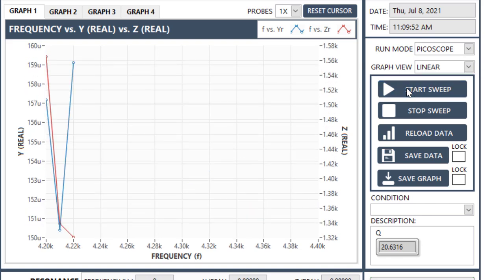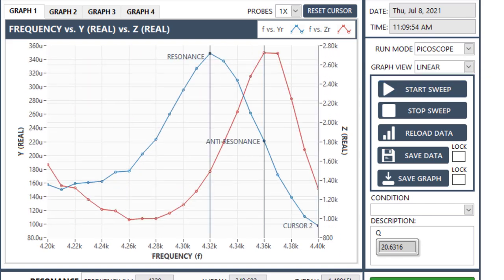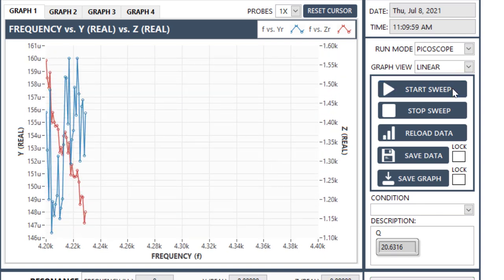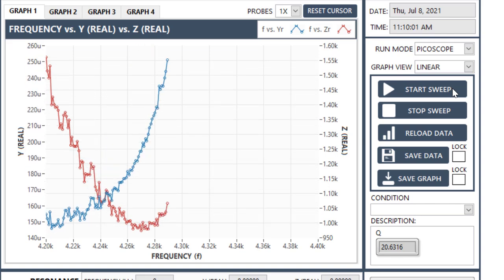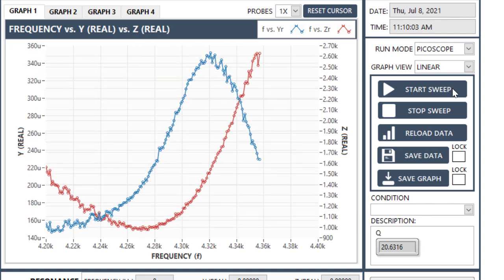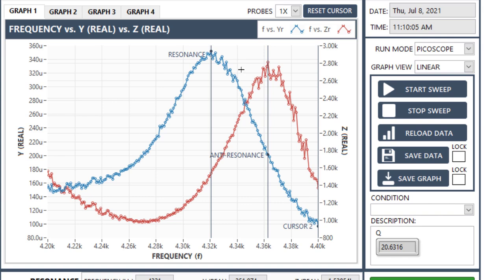Let's just run that again. There we go. So this is the resonant response there, and we have a resonance and anti-resonance picked out.